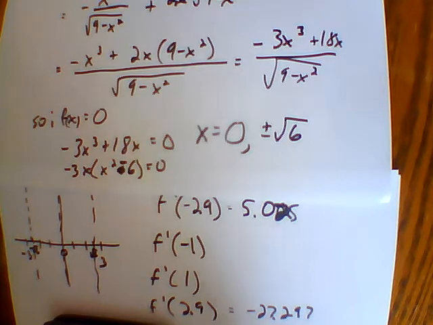And then we would come back in and do the same thing for our 1. So we change that 2.9 to be 1, and then we would put in our negative 1.